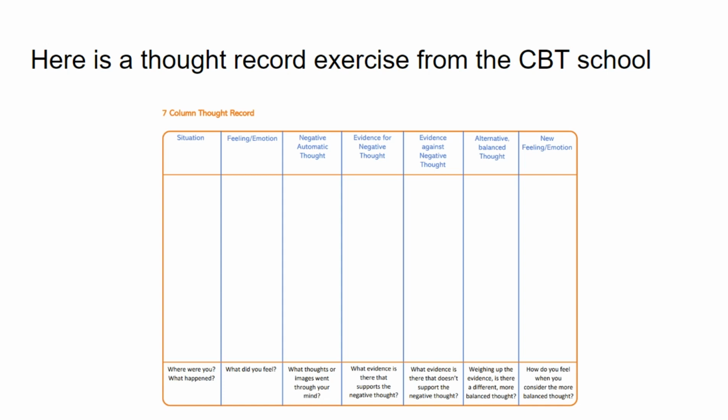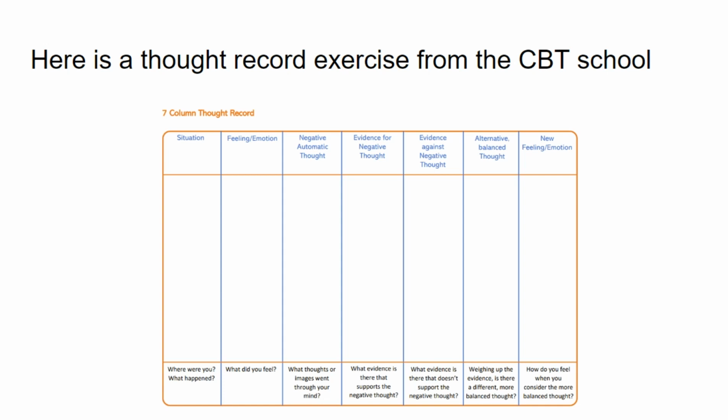And finally, the next step is to formulate an alternative balanced thought, something that is more balanced, that really accounts for all the sides of these thoughts. As a result, a new feeling, a new emotion is formulated for the specific situation.